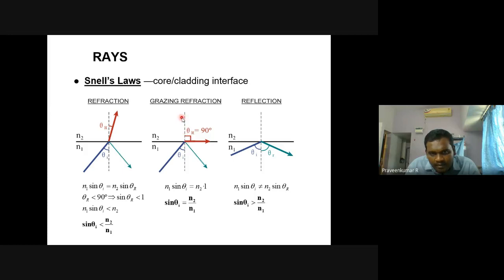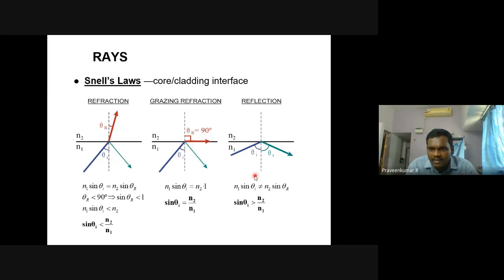At that time, with respect to the normal line, the refracted angle is 90 degrees. That is grazing refraction, the basic TIR principle. So sin theta i equals n2 divided by n1. You can see the difference: in refraction, sin theta i is less than n2 by n1, but whenever the refracted ray makes 90 degrees with the normal, sin theta i equals n2 divided by n1.